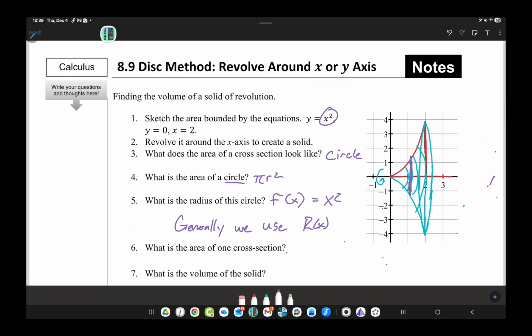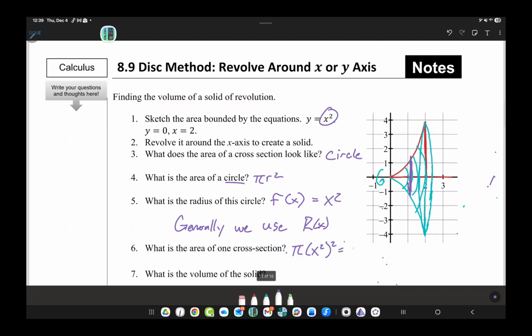Well, since area is pi r squared and my r is x squared, replace r with x squared, we get pi x squared squared. Now, if you want to write that as pi x to the fourth, you can.